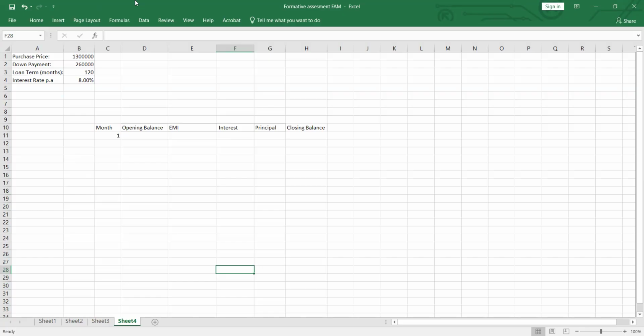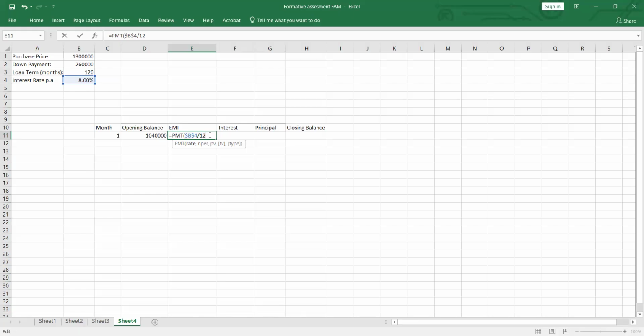So opening balance is 13 lakh minus 2,60,000. This is my opening balance because I already paid the down payment. So interest is calculated only on the left amount. Now we calculate the PMT. Rate is 8% divided by 12, and also put the dollar sign because it's a fixed rate.